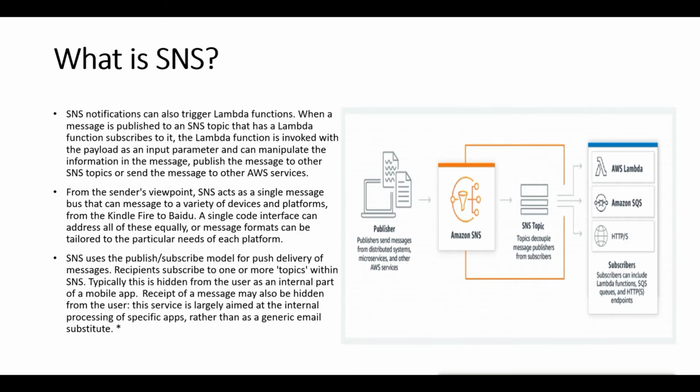Receipt of a message may also be hidden from the user. This service is largely aimed at the internal processing of specific applications rather than as a generic email substitute. So it is like a ticket booking app that you can use for confirmation vouchers or boarding passes, etc.